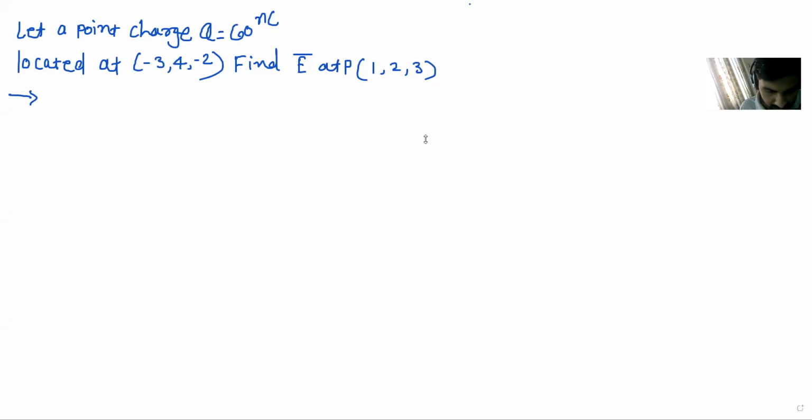Roll number 32. Roll number 34. 35. 36. 37. Roll number 40. 41.